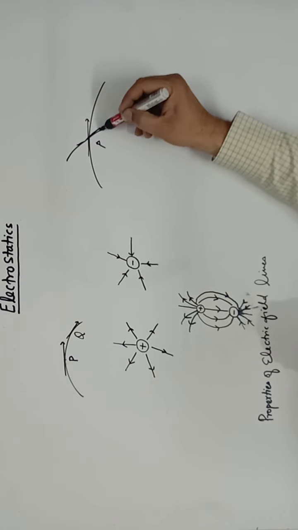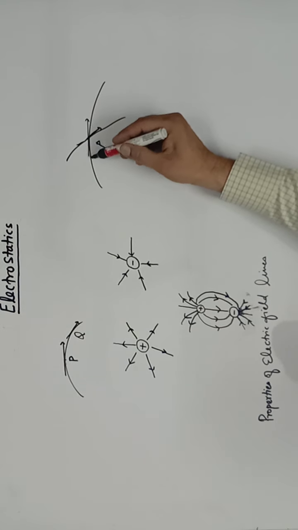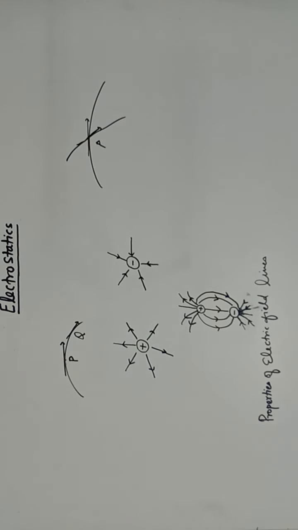this. And what we learn in the definition of the electric field lines is that the direction of the tangent gives the direction of the field at that point. According to this curve, both the curves are intersecting at the point P. One tangent is along this line and the other tangent is along this line.